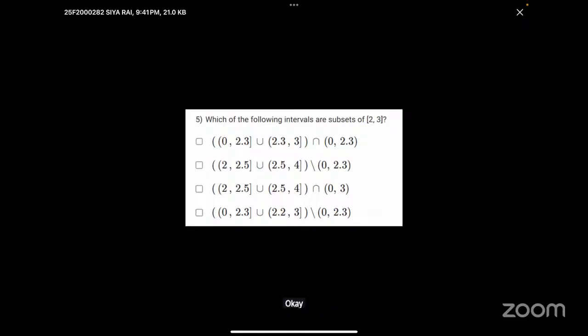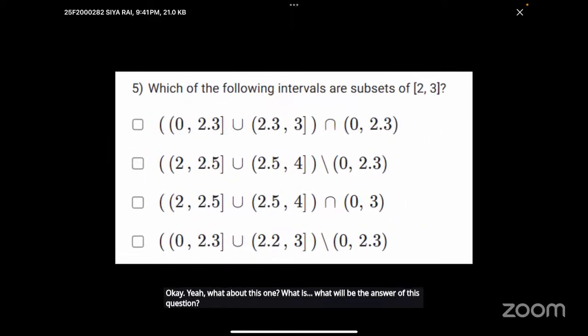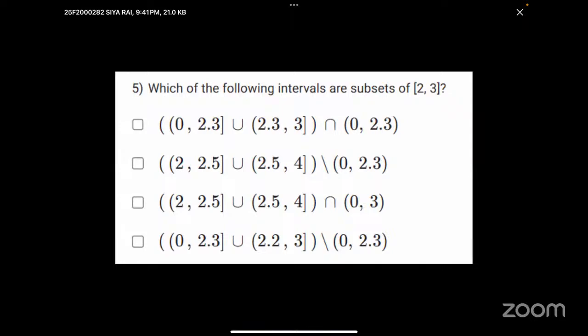Okay. What about this one? What will be the answer of this question? Ma'am, do the symbols of the second option and the first option mean the same, like the intersection and the divide sign?